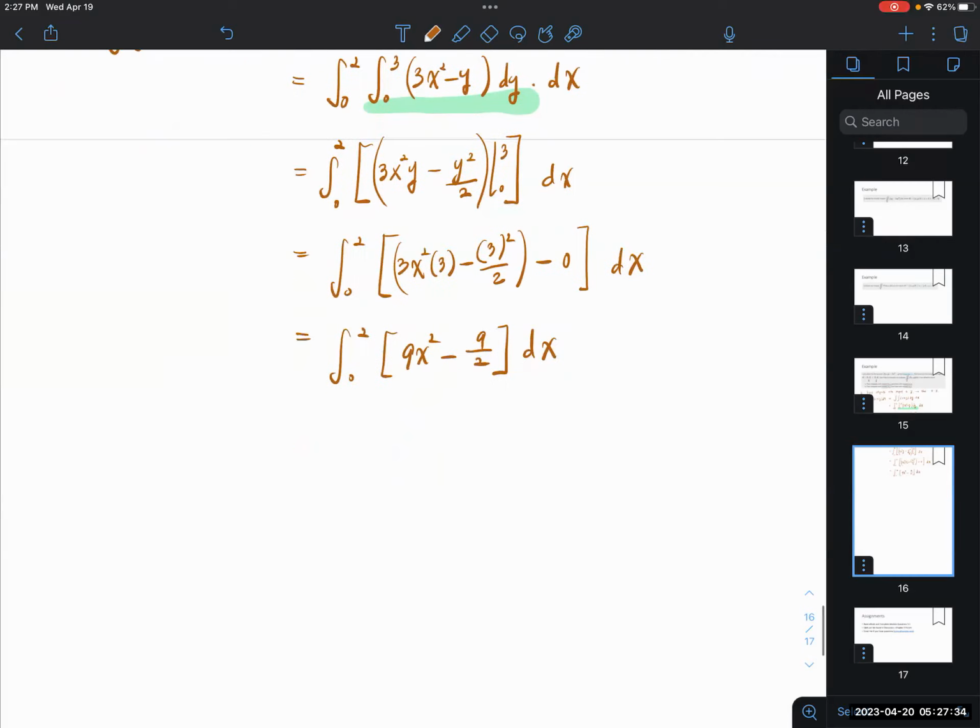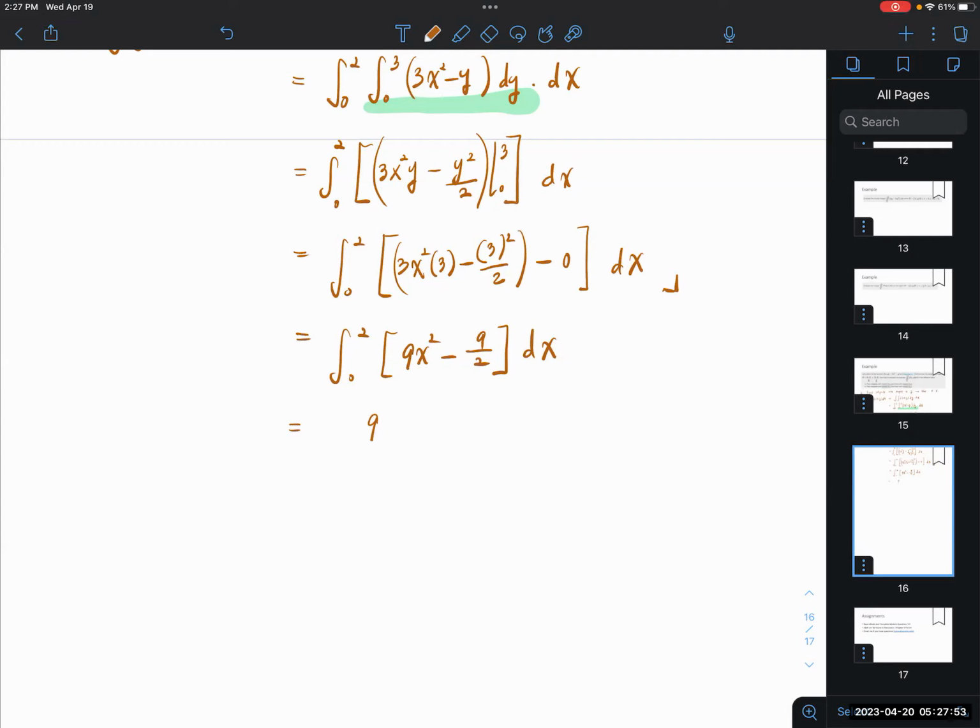All right, now we're gonna take one more integral with respect to x. We finished with respect to y. Now go with respect to x. So here, you're gonna take the integral.